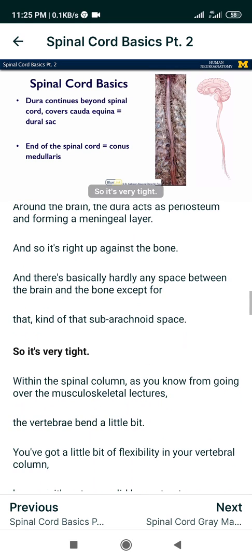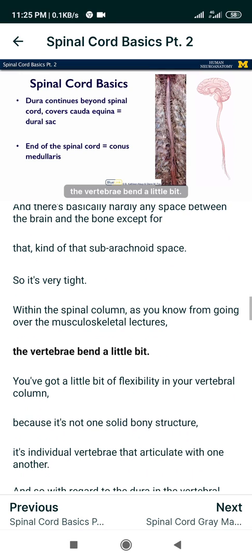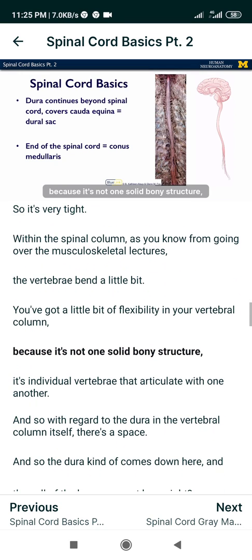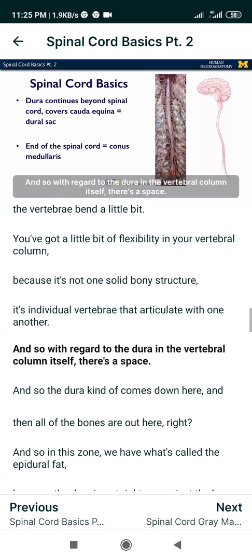So it's very tight. Within the spinal column, as you know from going over the musculoskeletal lectures, the vertebrae bend a little bit. You've got a little bit of flexibility in your vertebral column because it's not one solid bony structure; it's individual vertebrae that articulate with one another. And so with regard to the dura in the vertebral column itself, there's a space.